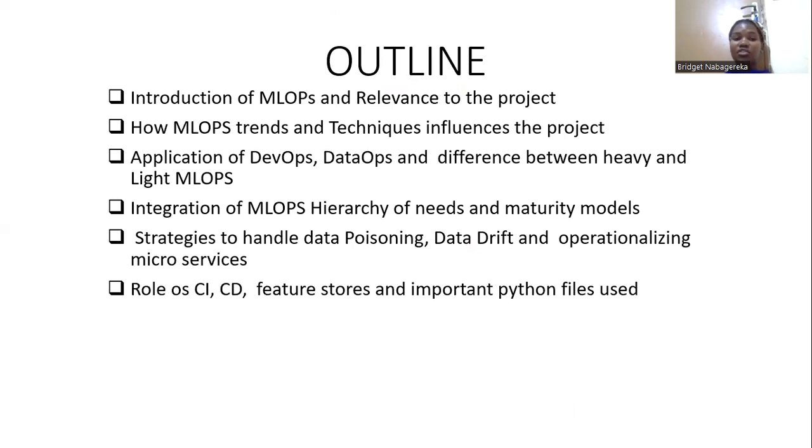We are going to talk about the introduction of MLOps and its relevance to our project, and how MLOps trends and techniques influence the project, its application of DevOps, data operations, and the difference between heavy and light MLOps, integration of MLOps hierarchy of needs and maturity models, strategies to handle data poisoning, data drift, and operationalizing microservices. And then the role of CI, continuous integration, and continuous deployment features.